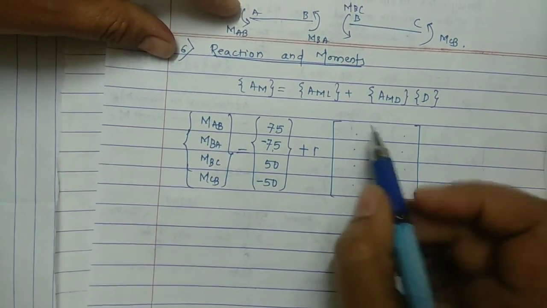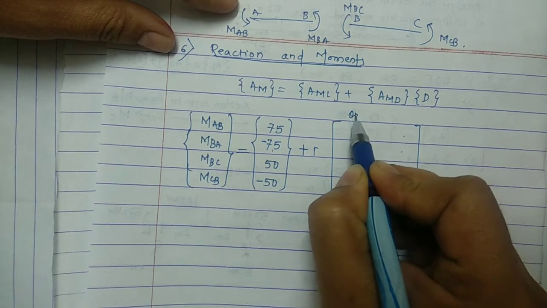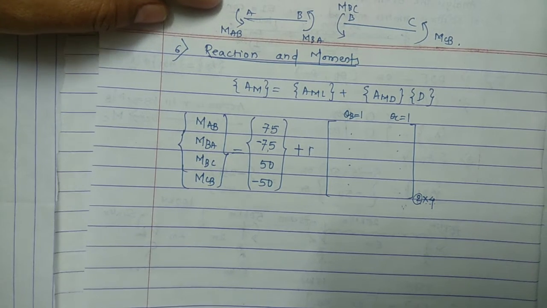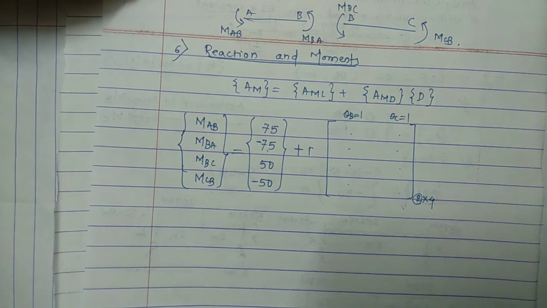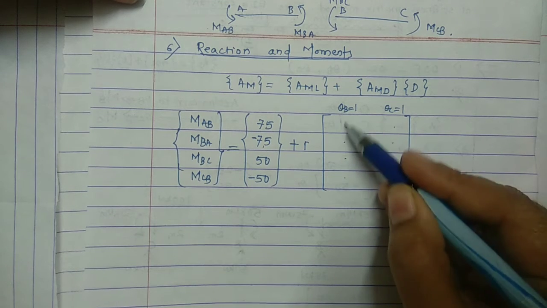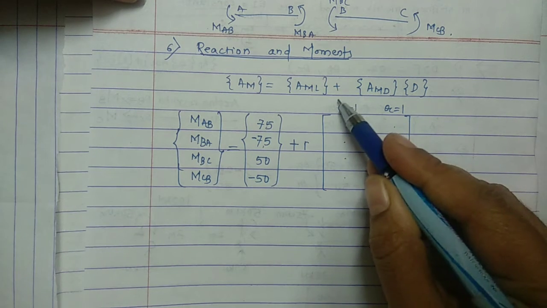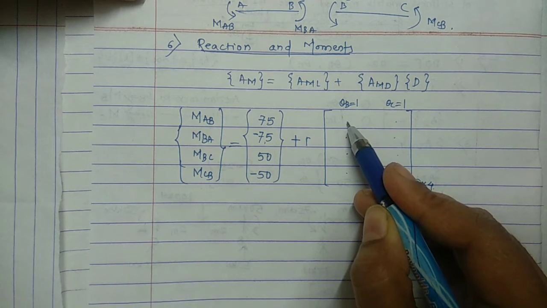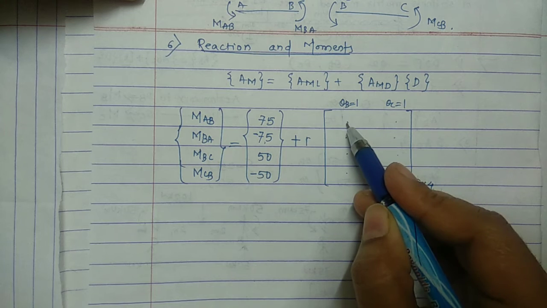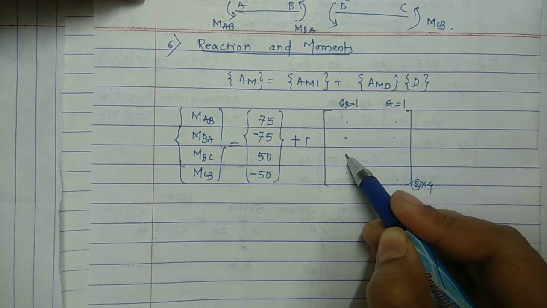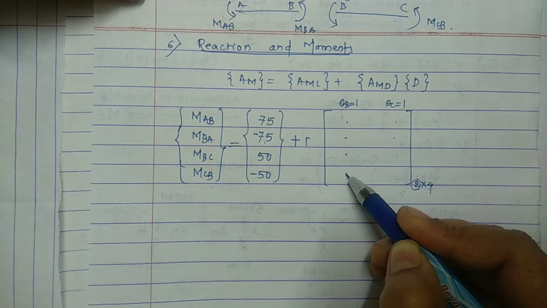So here these 2 columns correspond to when theta B equal to 1 and when theta C equal to 1. First we will complete the column under the figure of theta B equal to 1. What you have to write here are all the values of moment when theta B equal to 1: moment at A, moment at B for the AB member, moment at B for the BC member, and moment at C in the BC member.